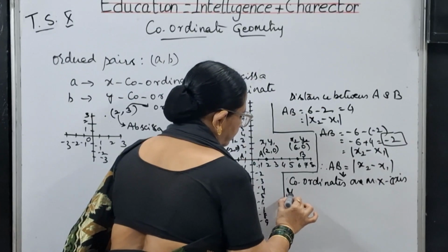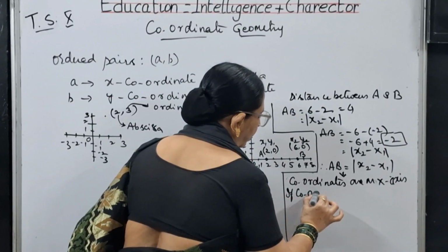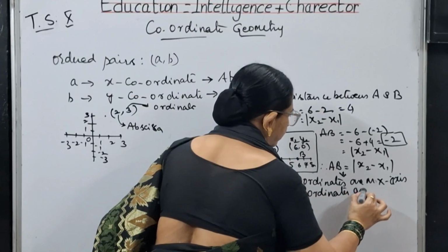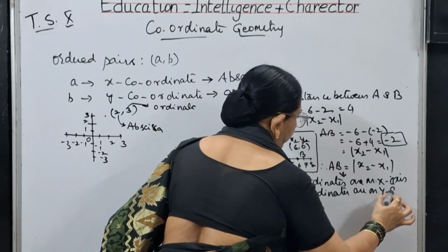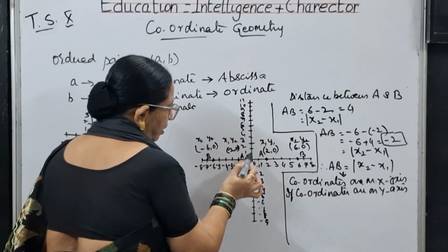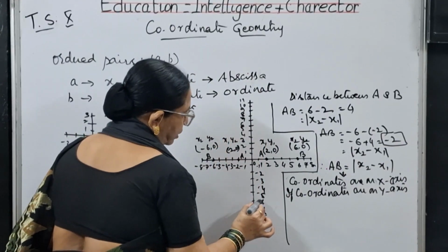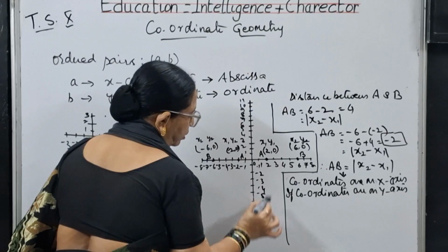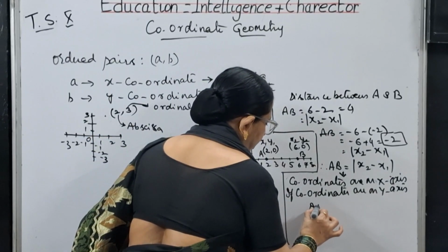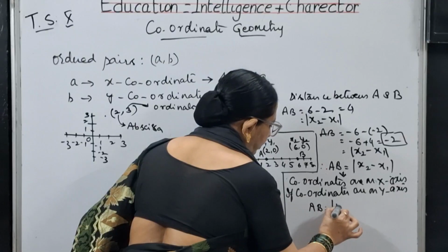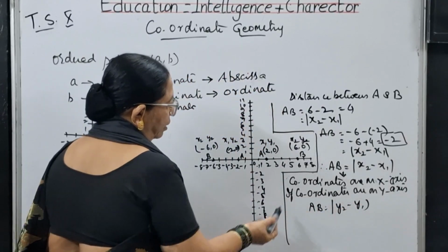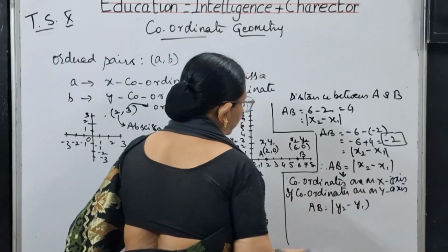In case the coordinates are on the y-axis, that means what? Upon this or upon this. If you get the points, then what you have to do? The distance between A and B is modulus y2 minus y1, when the coordinates are on the y-axis.